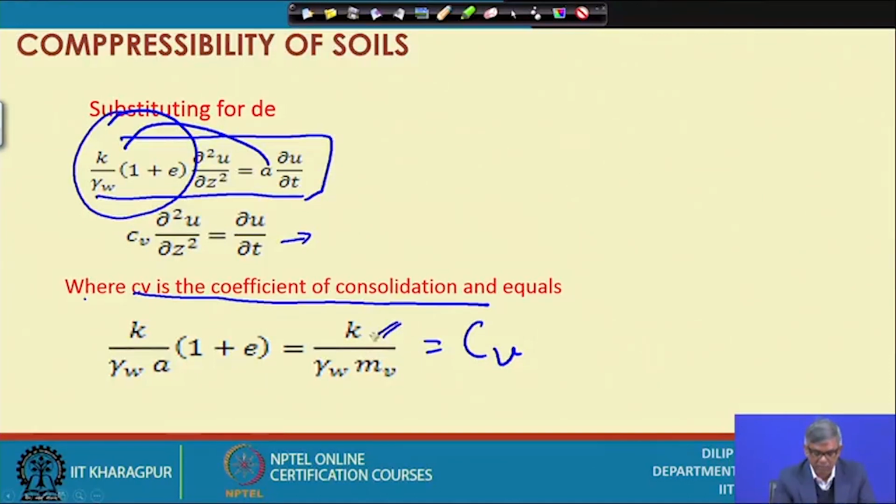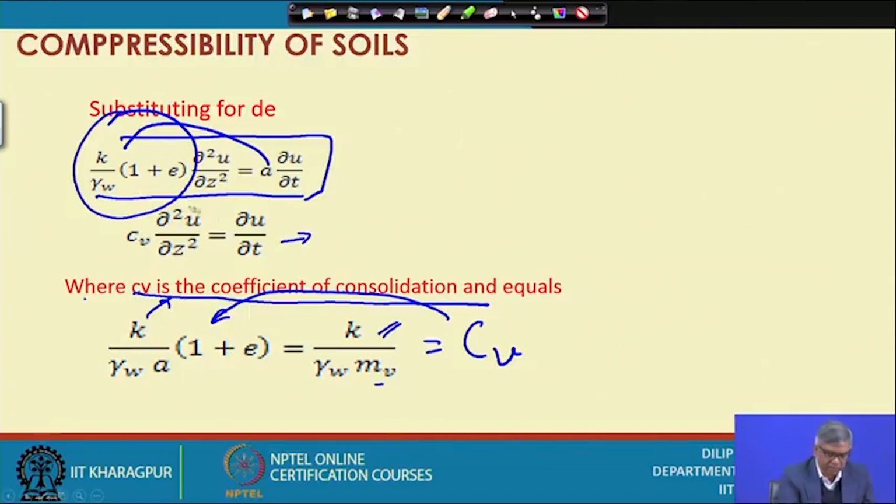Cv equal to k by gamma w mv can be utilized in some cases, or by using this equation you can find out k. So, consolidation tests are sometimes used for indirectly determining permeability also.